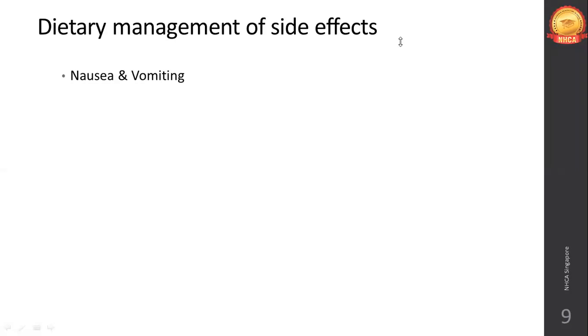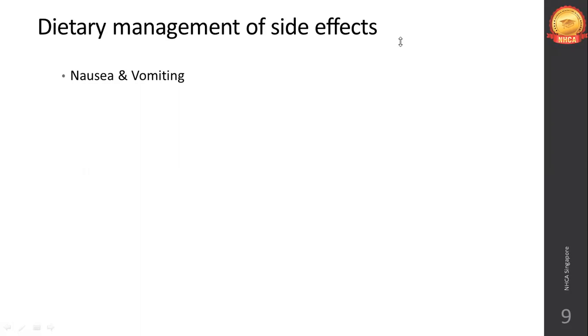So what we are focusing on here is that whatever food you are providing the patient has to be dry food. For example, glucose biscuits, dry crackers, anything that is dry.